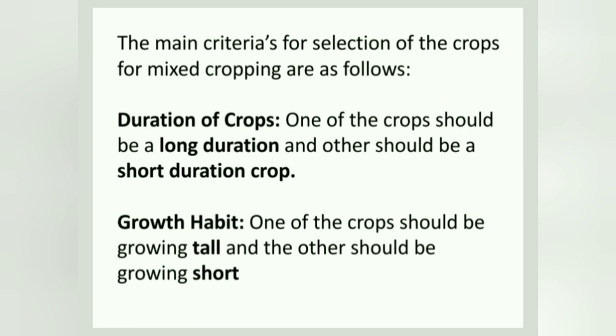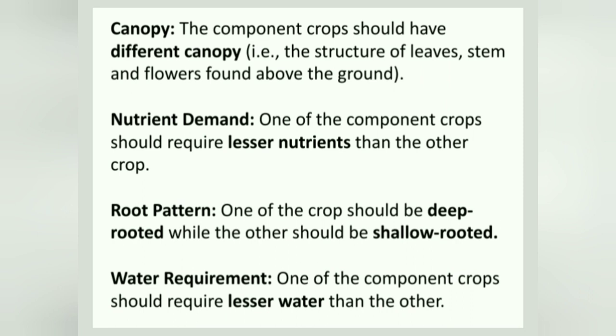So there should be a difference between one crop and the other. Second one is growing habit. One crop should grow tall, the other crop should be a short crop, so that it will be easy during the harvesting season or applying fertilizers or pesticides. It will be easy to carry out those practices.